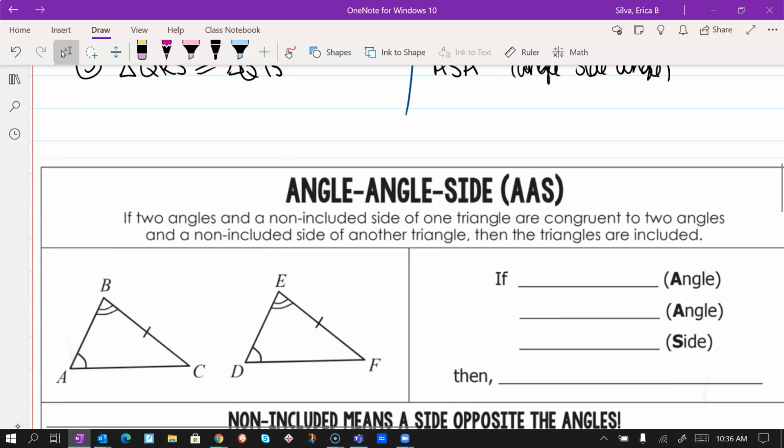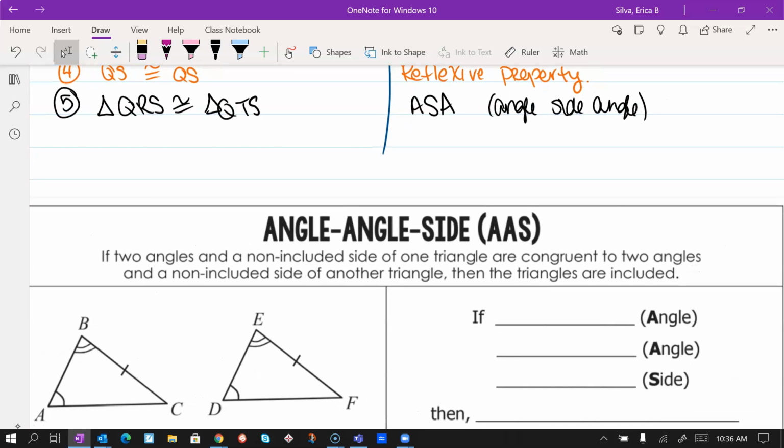Those of you at home, if you can write this down, angle, angle, side. So now we have two angles and a side. And again, notice in all our congruency postulates, we always have a side that needs to be congruent.